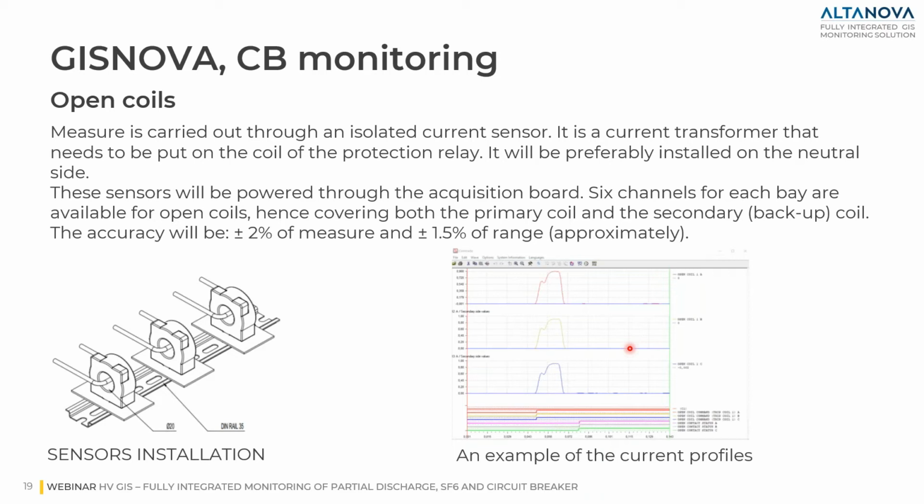In this example, the current profiles are analyzed by the system and compared to the nominal ones in order to raise an alarm if something is going wrong, for example if the time is longer than the expected value.